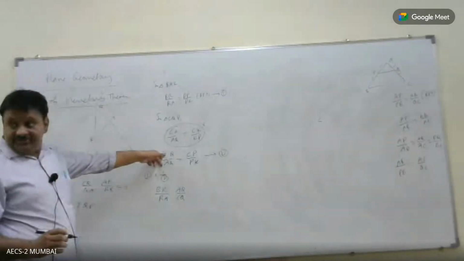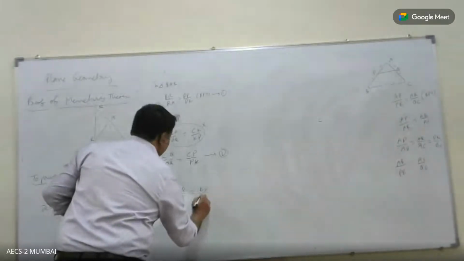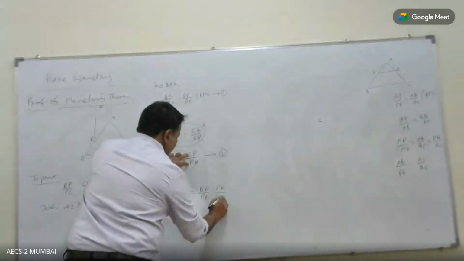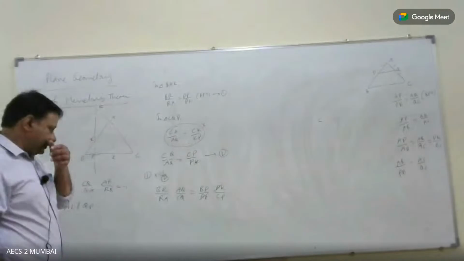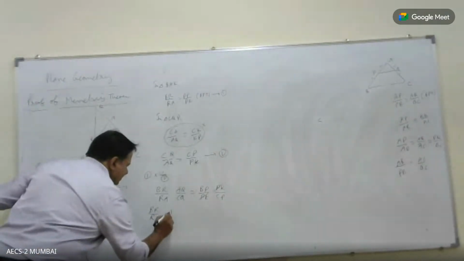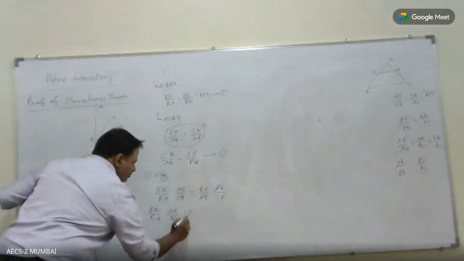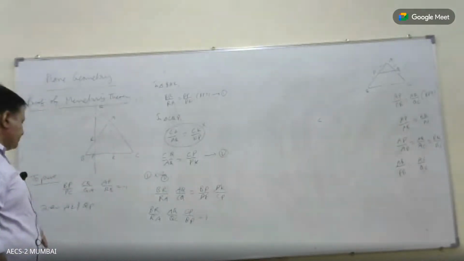I should take the reciprocal of this, equal to PR by PK into the reciprocal, PK by CP. They get cancelled. So PR by RA, AQ by QC, and CP by PB equal to 1. Is it Menelaus's theorem?